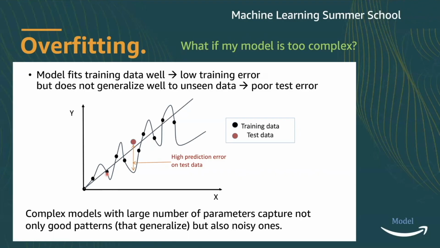So it has zero error on the training data, and yet it has a higher error than the simpler x equal to y line on the test data point.